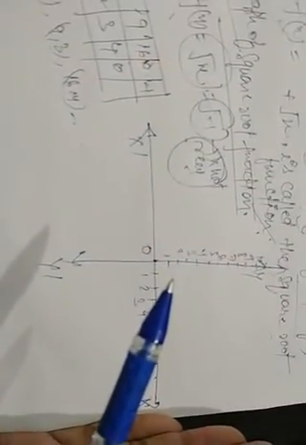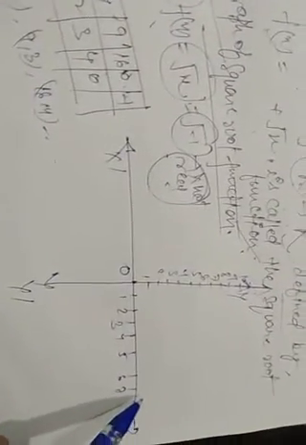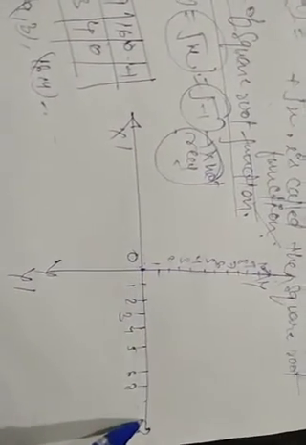So the domain of that function is 0 and the positive direction of x, means 0 to infinity, because the set of all points on the x axis is called the domain. So this function is defined only for all positive real values of x.